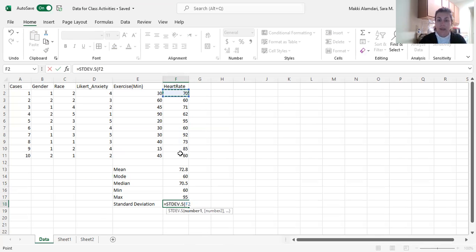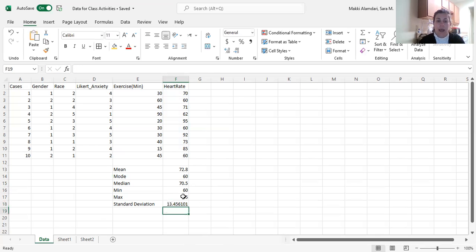I'm choosing again the data set, and that means the standard deviation for this variable is 13.46. I'm going to round that to 2 decimal points. Going here at the top, 2 decimal points is enough. Even sometimes 1 decimal point is enough, but I'm going to keep it with 2 decimal points.